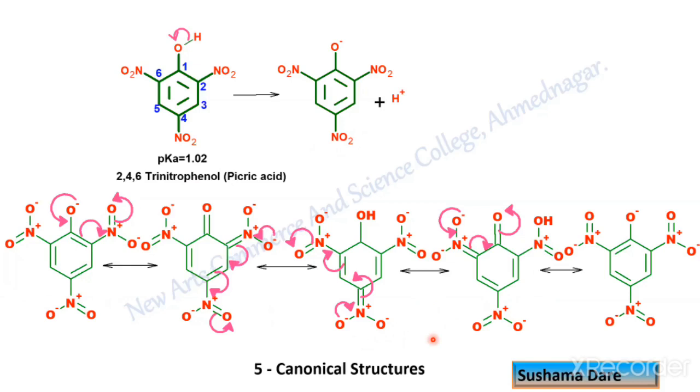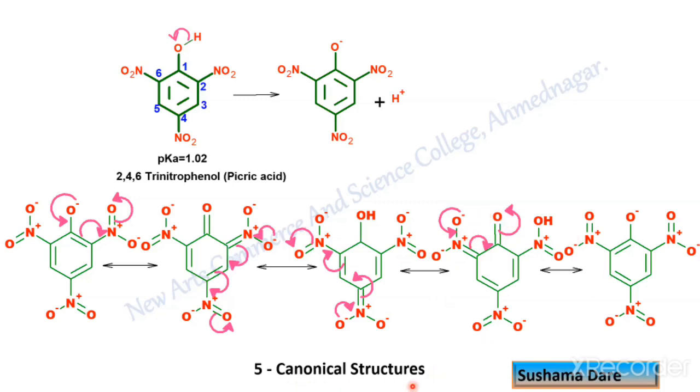But you can see that in the previous example, there were 4 canonical structures. As you increase the number of nitro groups by one, automatically the canonical structures increase to 5. So the first canonical structure is when the nitro group at the ortho position is involved in resonance, then the para nitro group is involved in resonance, then the other ortho nitro group is involved in resonance, and at the end this goes back to oxygen.